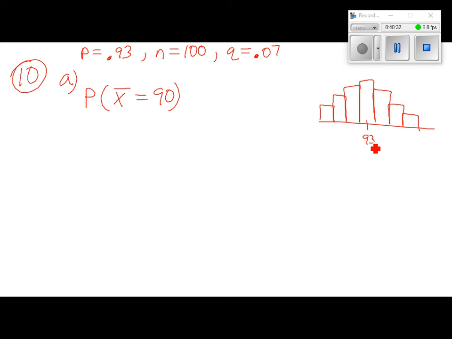All right? That's if you're using the binomial. If we have to switch it, which we're going to do here in a second, to make it normal so we can just use our calculator and use the normal CDF, then we have to do that.